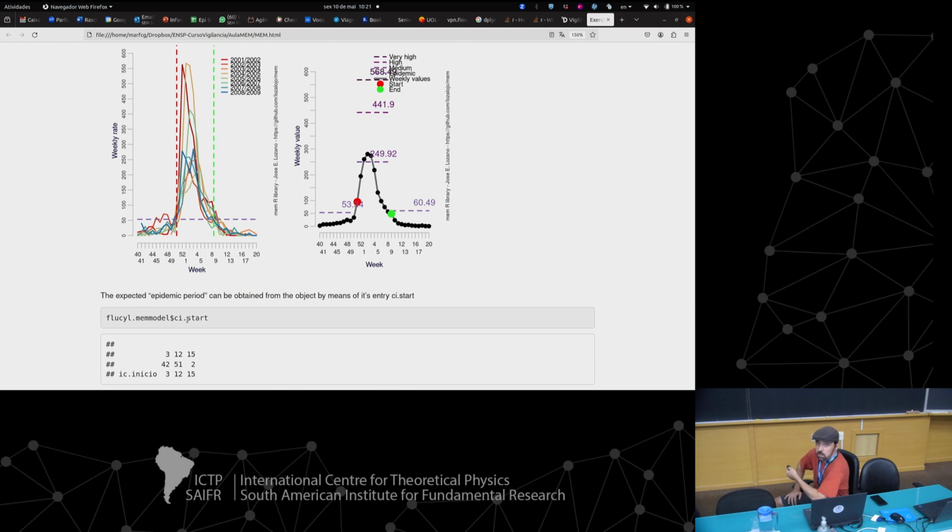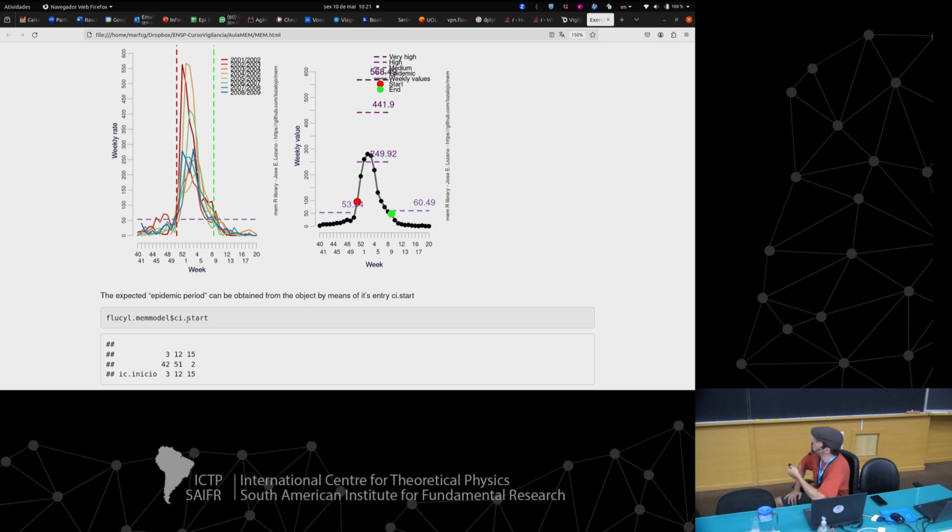with the week assumed to be the starting point of the epidemic phase. So it says as well, my best guess is that it starts at observation 12, which corresponds to week 51, but it could also start at week 42 or at week 2.